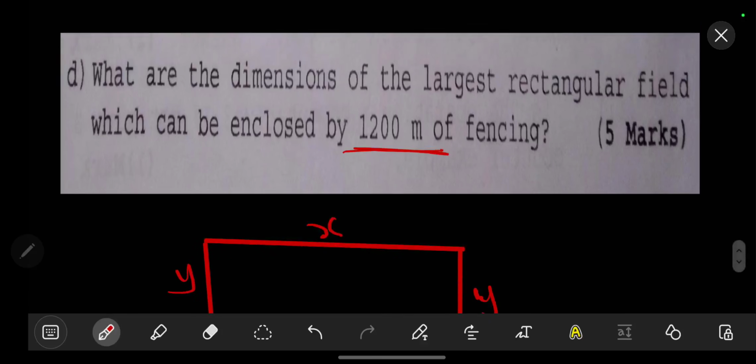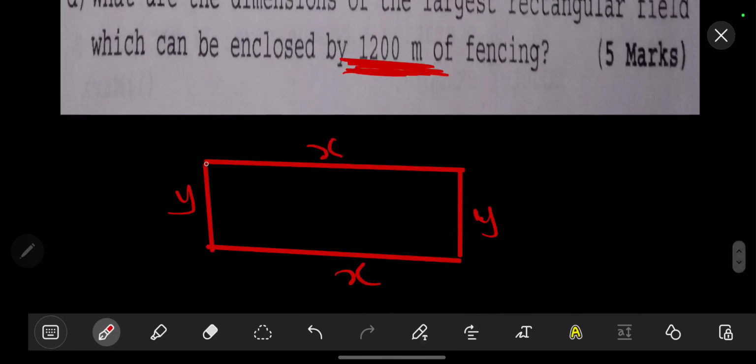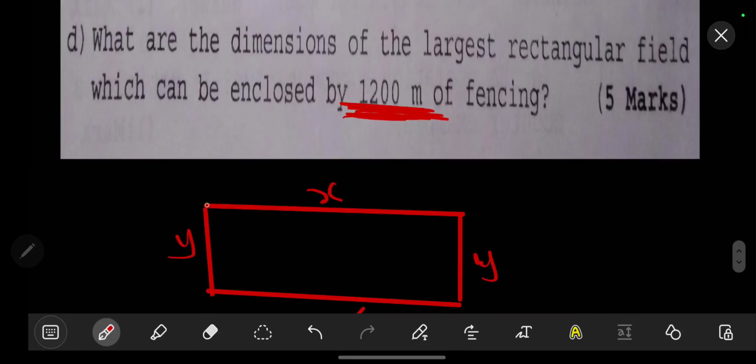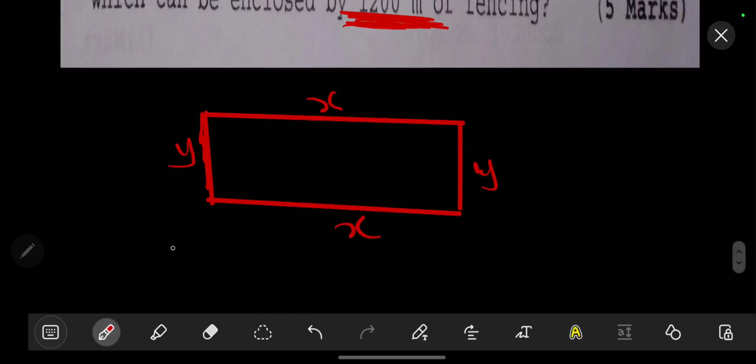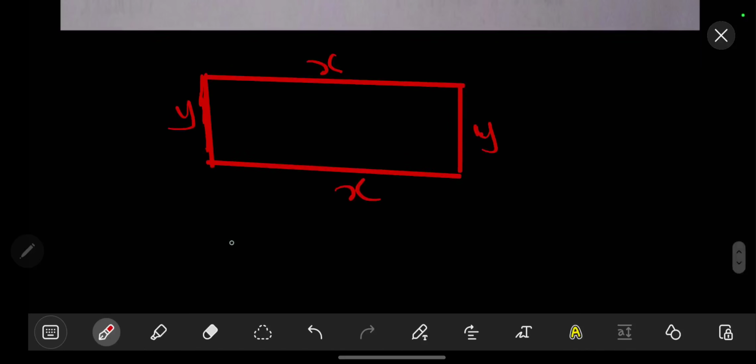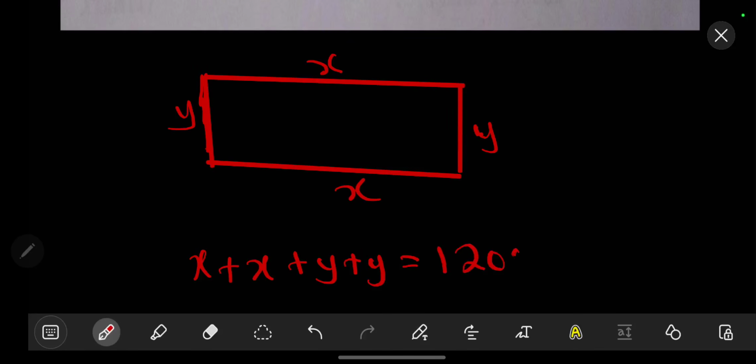So if we have 1,200, that's the perimeter. That means the fencing has been made of 1,200 like that. So perimeter is the sum of all the sides of a given shape. So if I add my x plus my x plus my y plus my y, we are going to have a total of 1,200 meters.